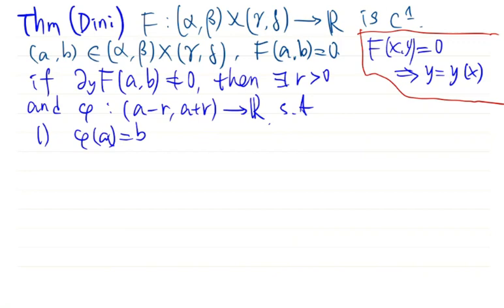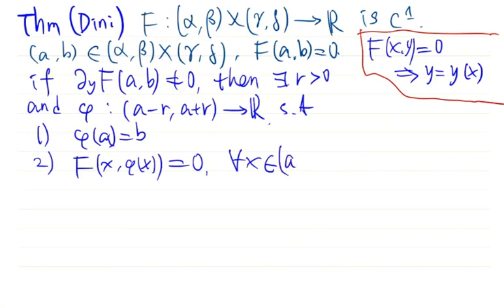Phi(a) is b is crucial. Otherwise, such a function phi cannot be unique. We want a unique solution. Therefore, we need some condition to determine which solution you take. The second is that capital F(x, phi(x)) is 0 for any x in the neighborhood (a minus r, a plus r).